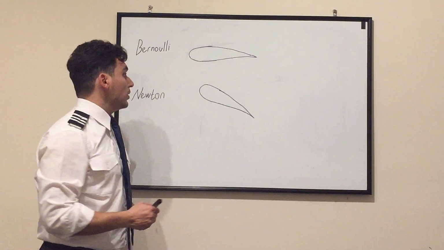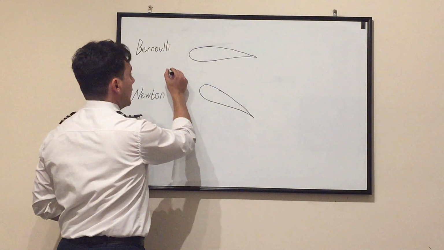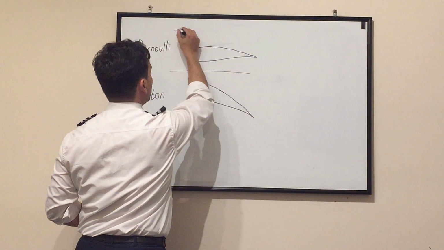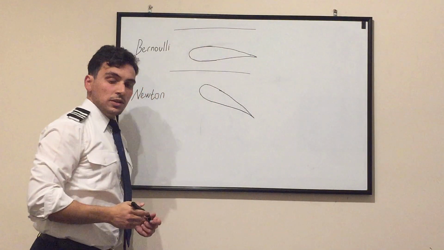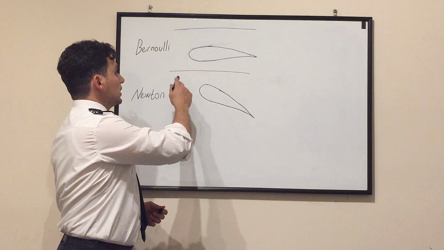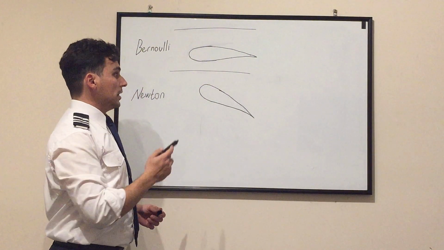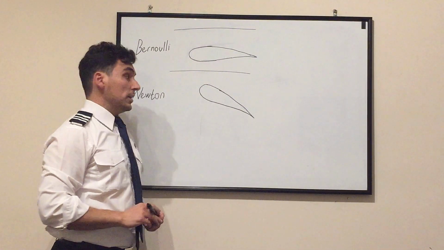If you look at how the airflow travels beneath and above the wing, there will be no resistance to this airflow, and it will travel smoothly.